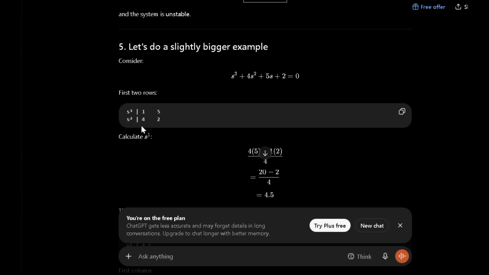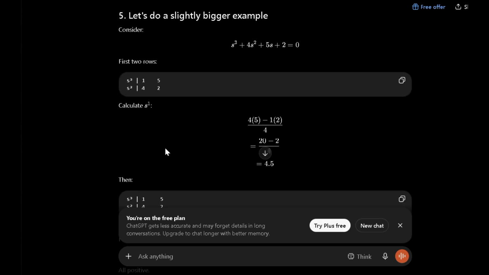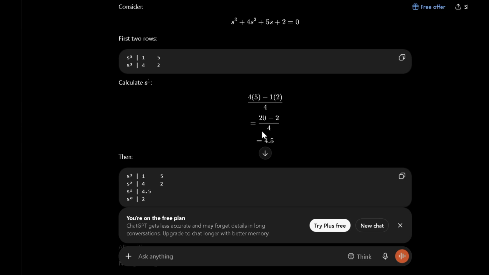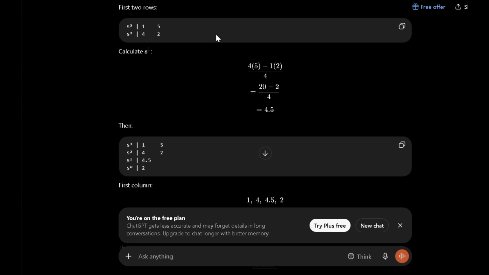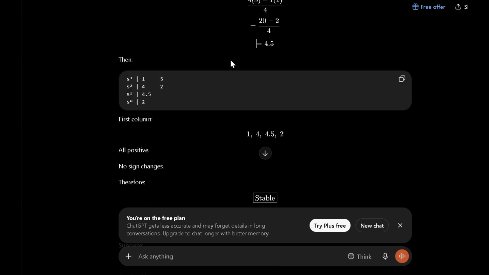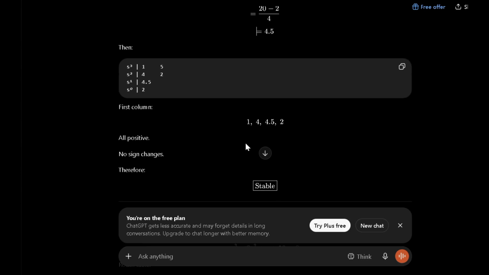Calculate s^1: (4 times 5 minus 1 times 2) divided by 4, cross multiplication, equals (20 minus 2) by 4 equals 4.5. First column: 1, 4, 4.5, 2, all positive, no sign changes, therefore stable.